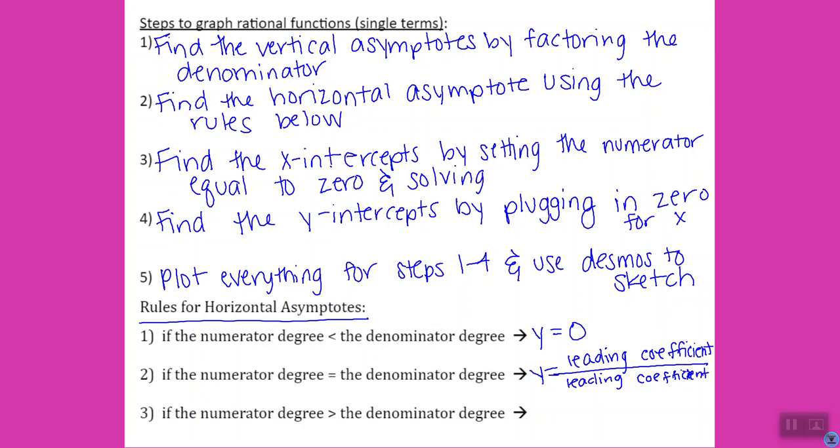And if the degree on the numerator is greater than the degree on the denominator, there is no horizontal asymptote. And we actually won't be dealing with those at this time. You'll deal with those in a different class.